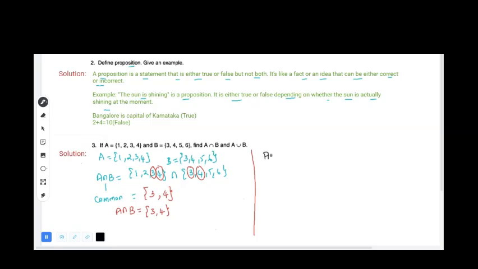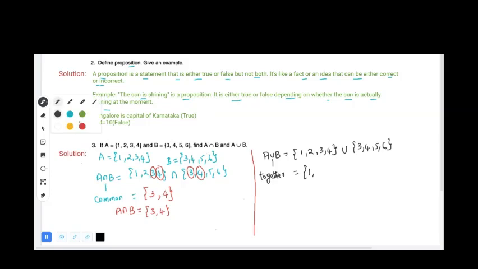A union B. Union is to write all the elements together. That is, A is 1, 2, 3, 4, union B is 3, 4, 5, 6. So here union is writing all the elements together.